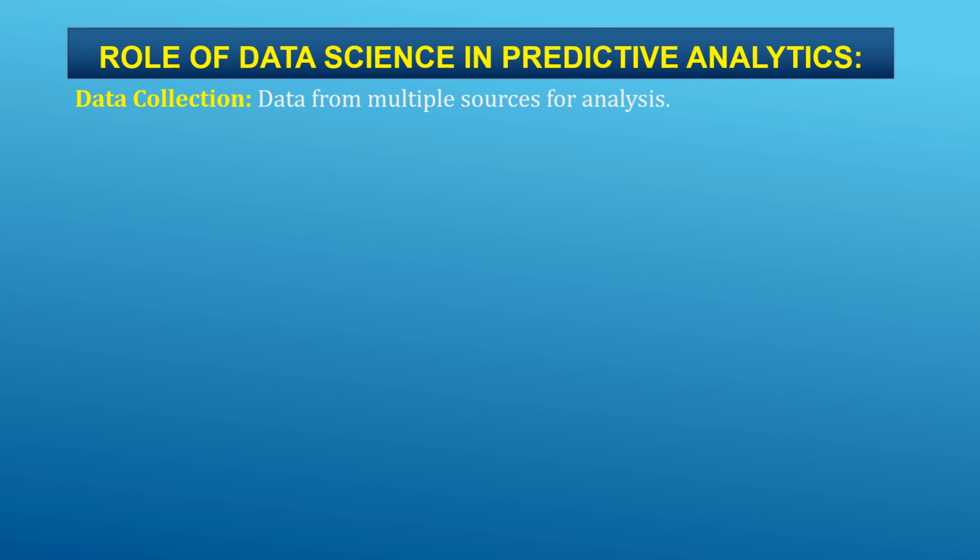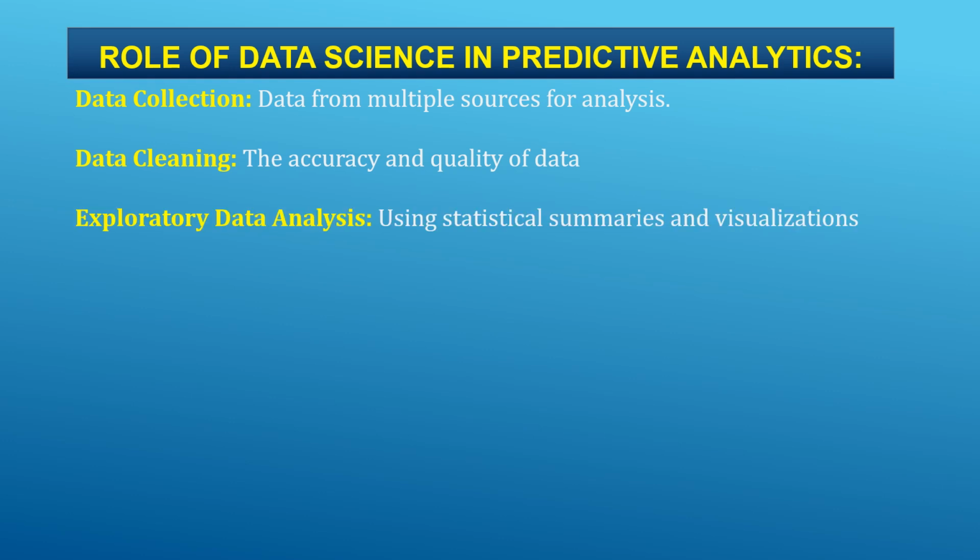Data collection, aggregating data from multiple sources to provide a comprehensive data set for analysis. Data cleaning, ensuring the accuracy and quality of data by handling missing values and removing inconsistencies. Exploratory data analysis, using statistical summaries and visualization to understand the data and identify patterns.